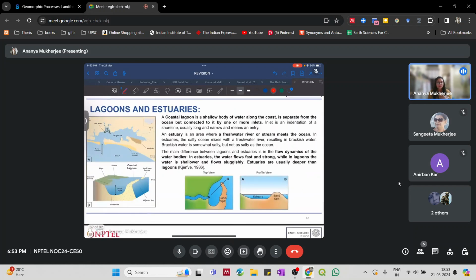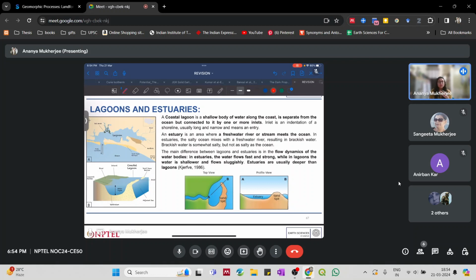Then you have lagoons and estuaries. A lagoon is different from an estuary in the way it forms. A coastal lagoon is separated from the ocean but connected by an inlet, whereas an estuary is where a freshwater river meets the ocean. It can be brackish in nature, but it cannot be completely salty.